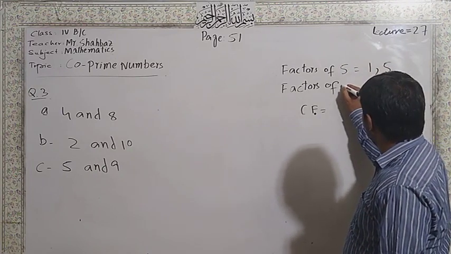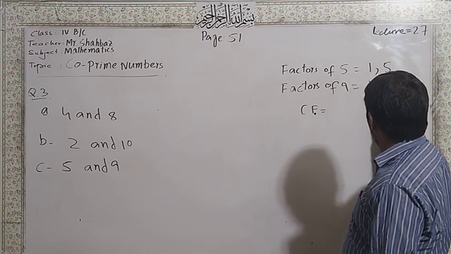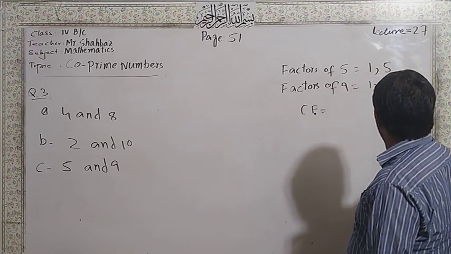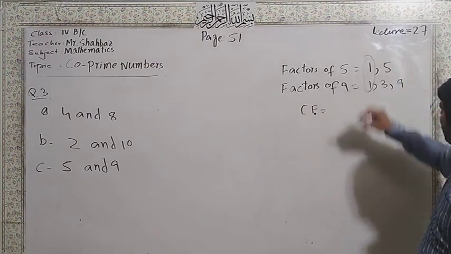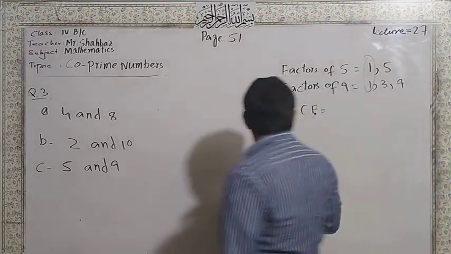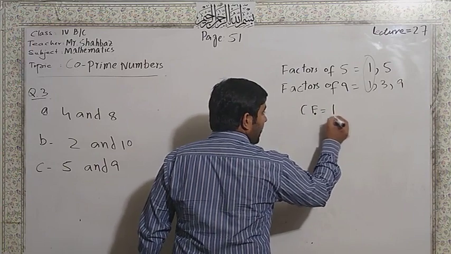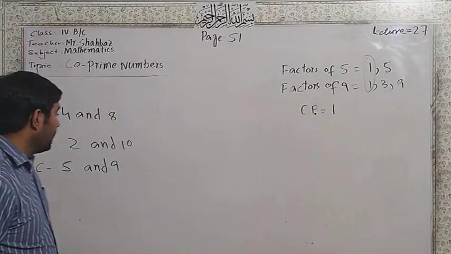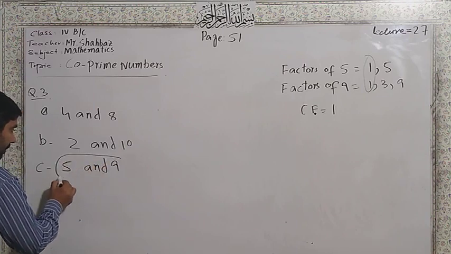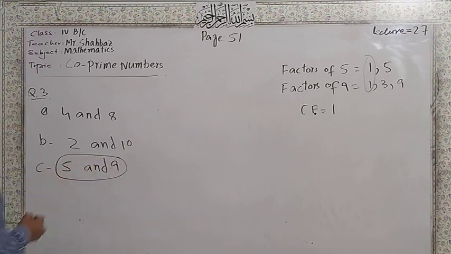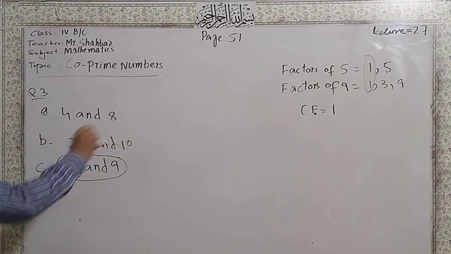And then you have 9: 1, 3, 9. Which one is common? This one, 1, is common, and there is no other common one. So there is just one common factor, so you have to circle this one. It means these are co-prime numbers. They have just one common number.